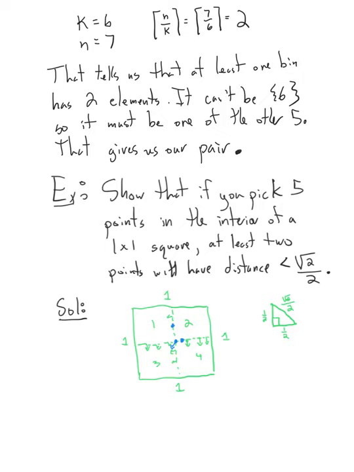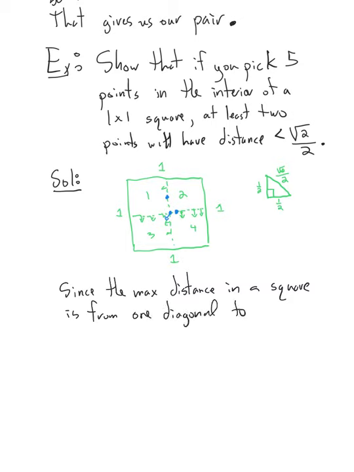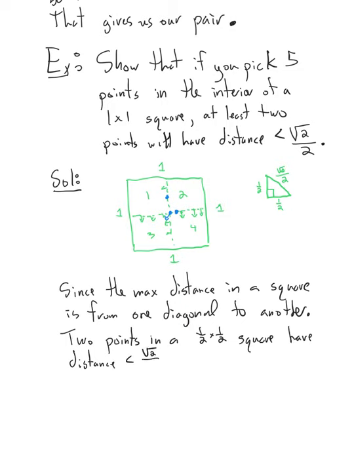But my point is as follows. Since the max distance in a square is from one diagonal to another, that's the biggest distance in a square, 2 points in a 1/2 by 1/2 square have distance less than square root 2 over 2.